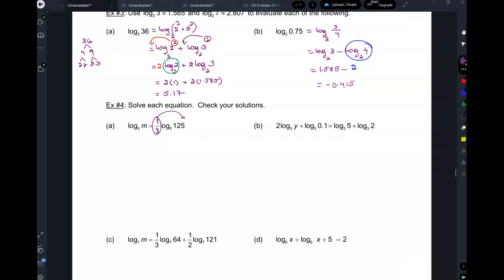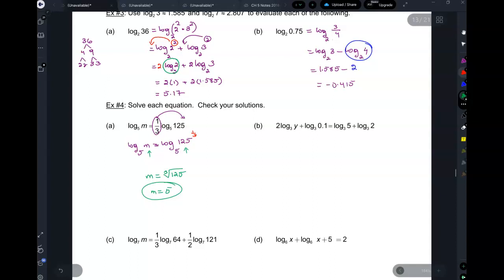So that can always fluctuate back and forth. So now I get log base 5 of m is equal to log base 5 of 125 to the power of 1/3. Now we can set inside stuff equal to each other, which means m is just the cube root of 125, so it's just 5.